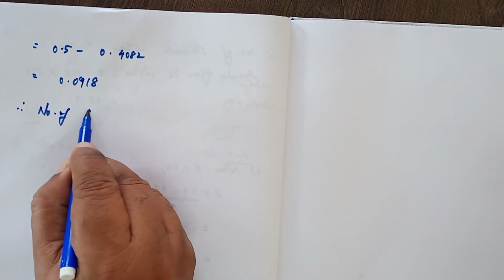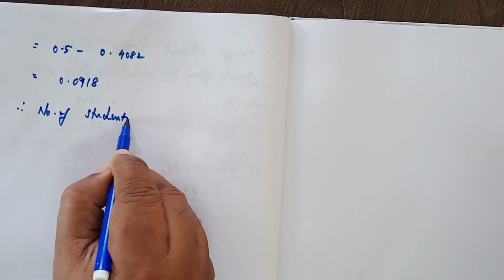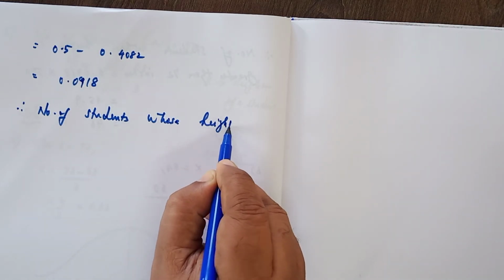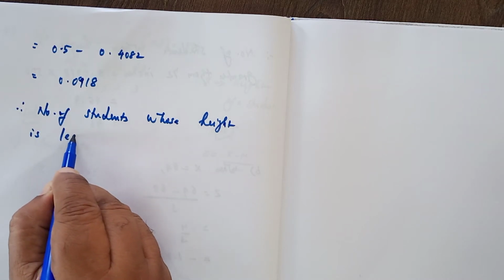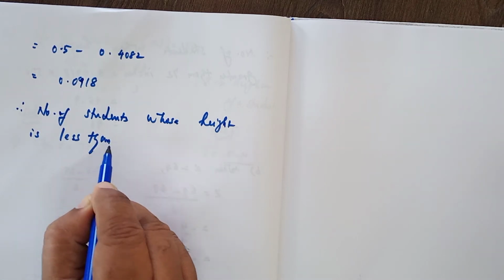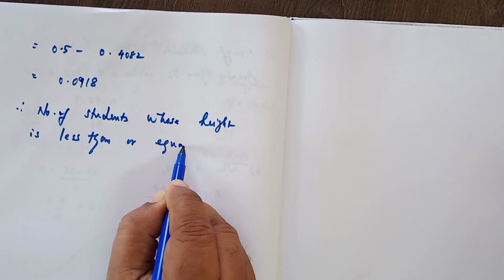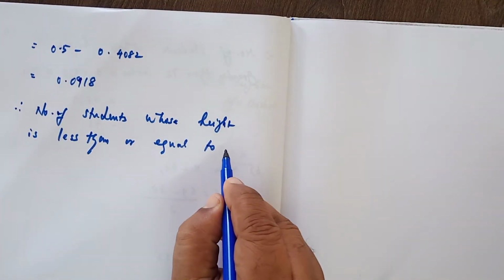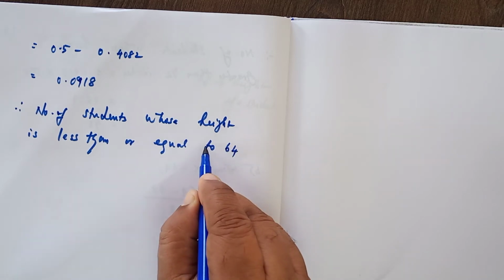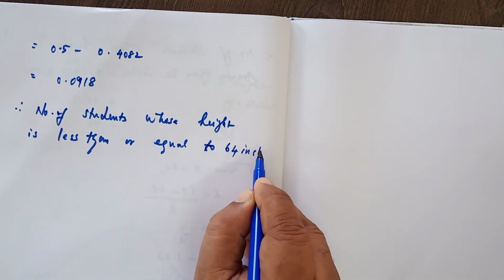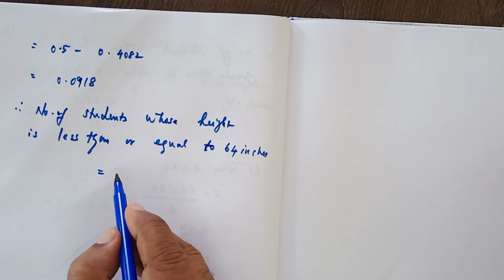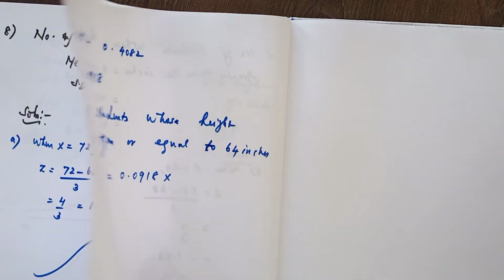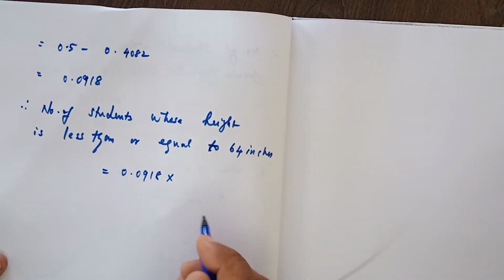Now result: number of students whose height is less than or equal to how many inches? 64 inches. 64 inches equals, write the probability value, that is 0.0918 into the total number of students, 500.